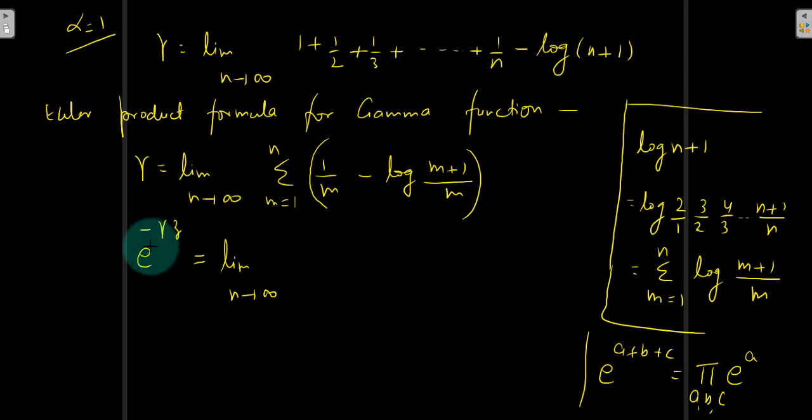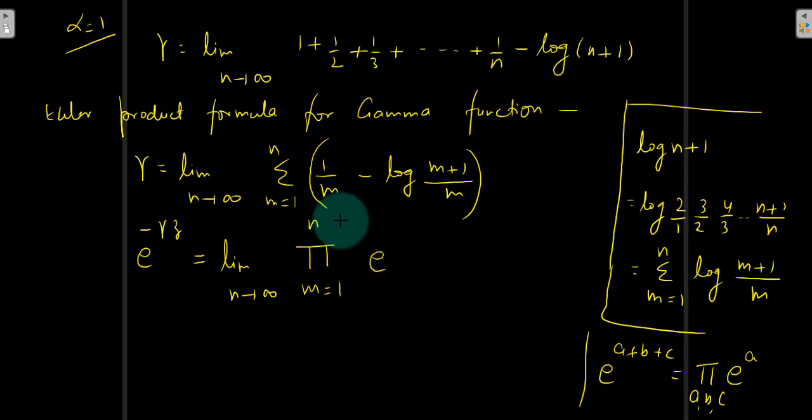Since there is going to be e to the power of a sigma notation, in the same way this sigma notation will become multiplication notation, m equals 1 to n.